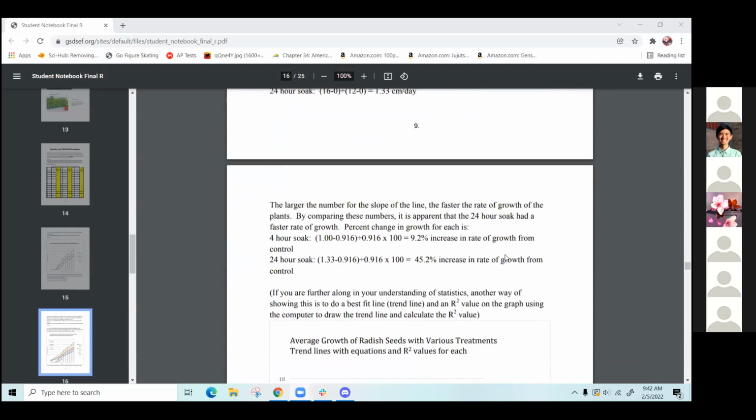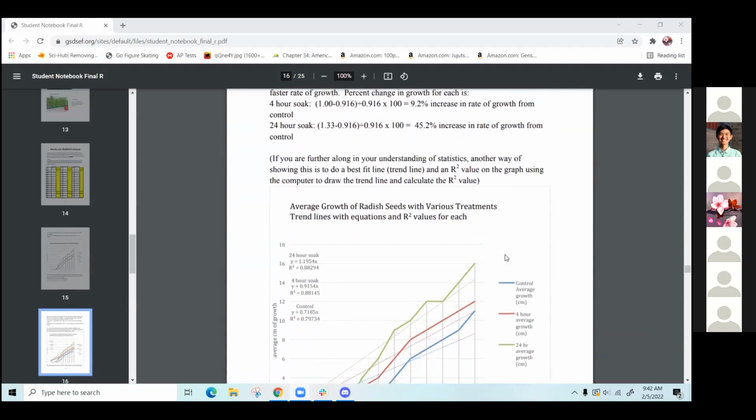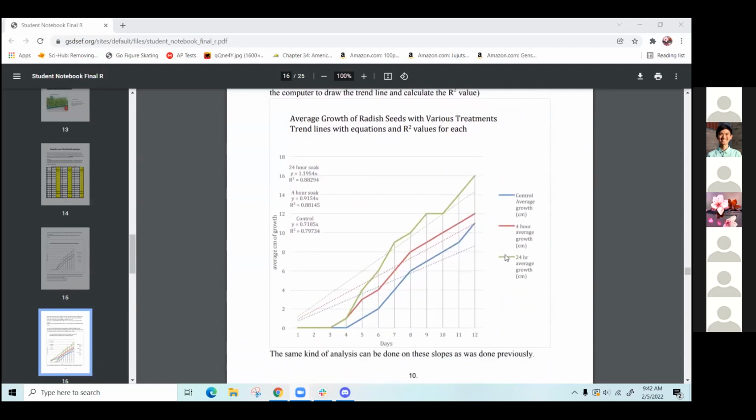So for instance, in this notebook, there are graphs that note the trend lines, the lines of best fit, and how each different type of pre-treatment of seed affected the overall growth of the plant.